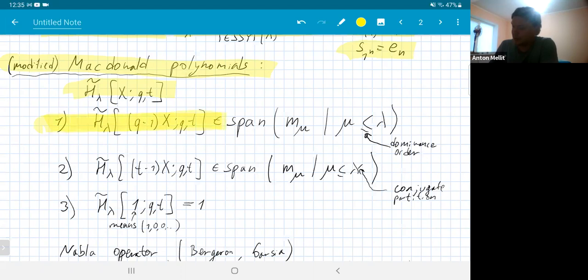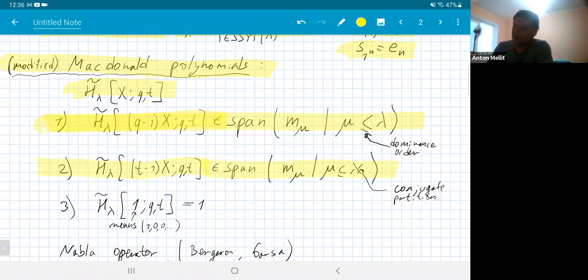So if you do Q minus 1, then you get some linear combination of monomials mu, where mu is less or equal to lambda in the dominance order, and the same for T, if you do it with T, then you get the same, but for the conjugate partition.